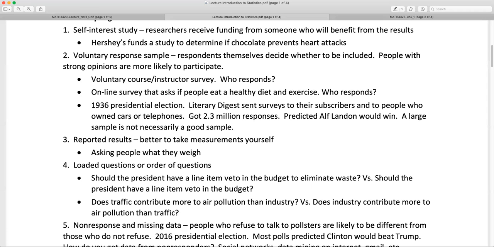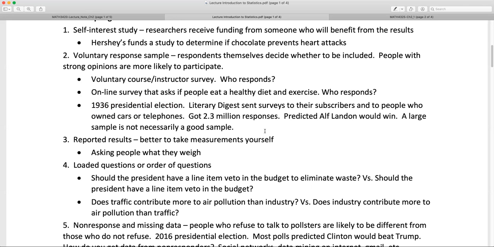In this survey, the people who use the internet very often can respond to that. But we need to survey the people who don't use the internet very often too. So it's not a good sample. And then the next example, the 1936 presidential election.